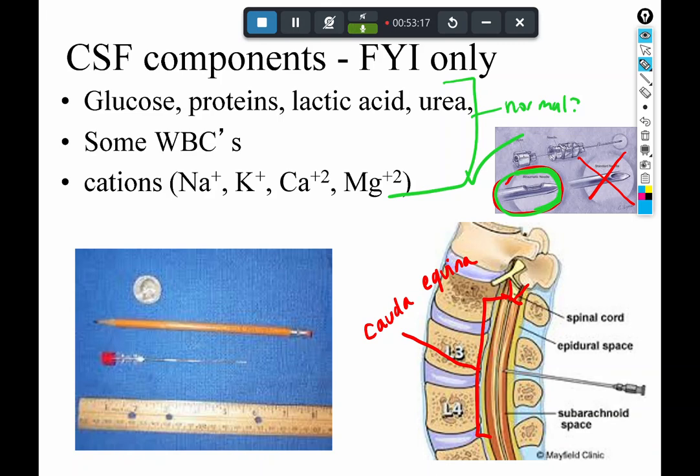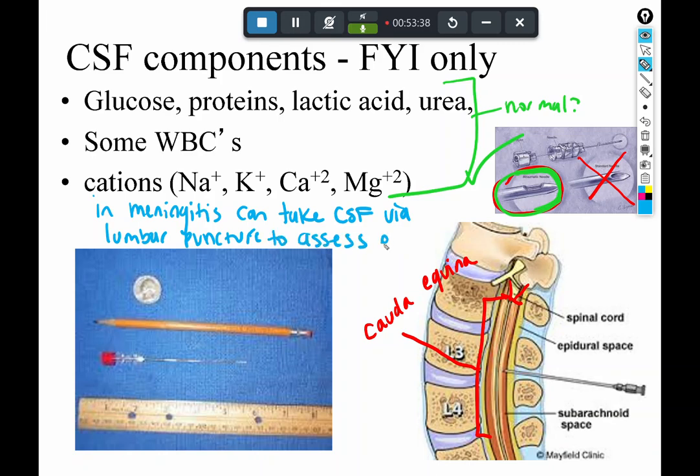You can take CSF via lumbar puncture to assess etiology. Neat. Unfortunately, this is an extremely uncomfortable procedure. It is not fun, it sucks, so try to avoid having to have one if at all possible.